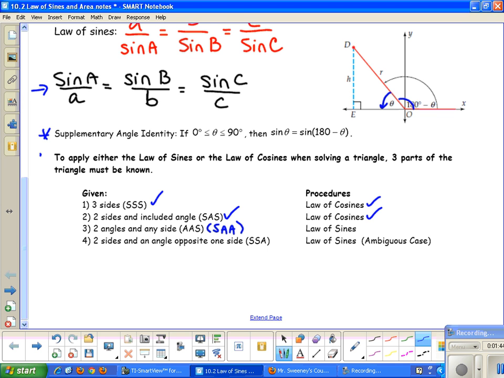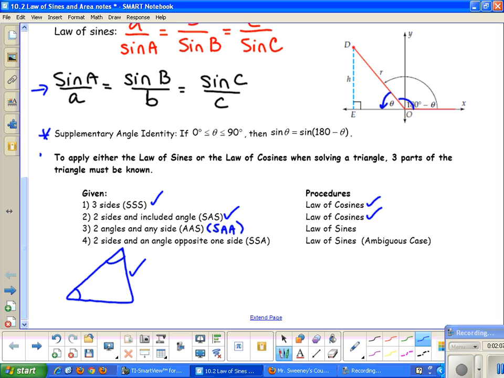So for example, if I have a given angle and a side, so let's say I was given this angle here, and maybe I knew this side here. Well, I can't use the law of cosines in order to solve that. I would have to use the law of sines.